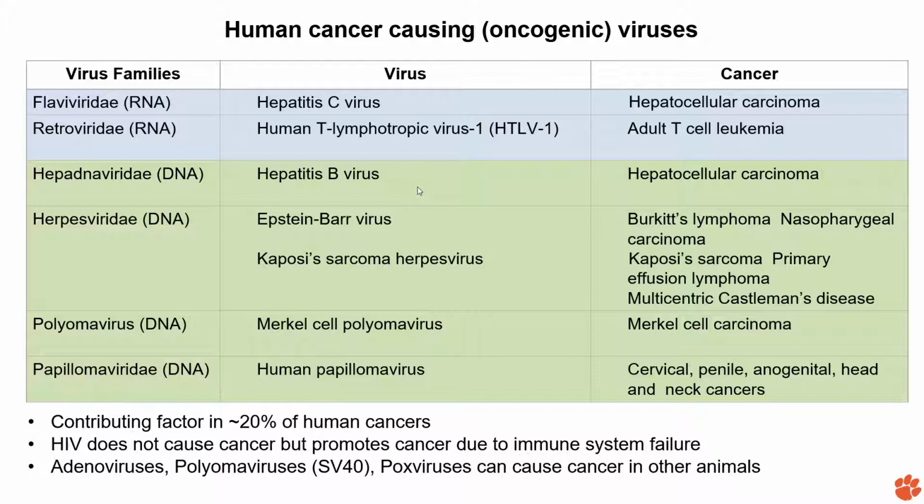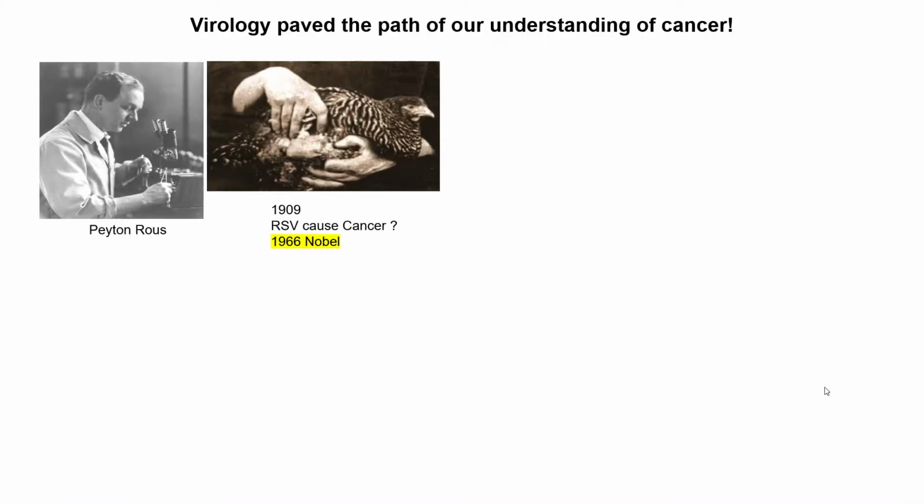We are not going to talk about that, but we are going to talk about the retroviruses, herpesviruses, polyomaviruses, and papillomaviruses in detail. These are some of the things that happen with these viruses. We're going to talk about that.